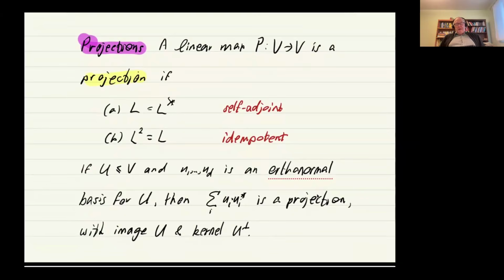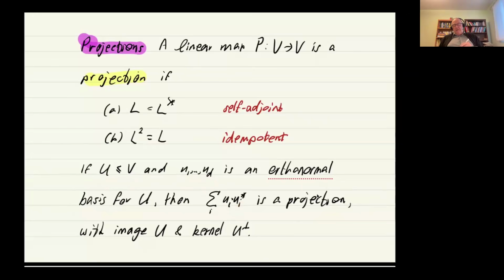In a sense, the most general example we need is if U is a subspace of V and u_1 up to u_d is an orthonormal basis for U, then this sum is a projection. Now, I've got to be careful here. Think of u_i as a d by 1 matrix, and u star as a 1 by d matrix. So this is a d by d matrix.